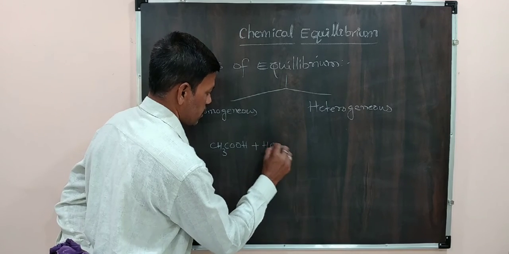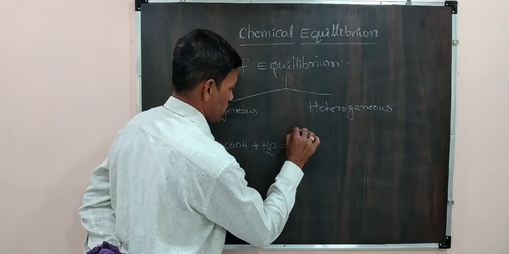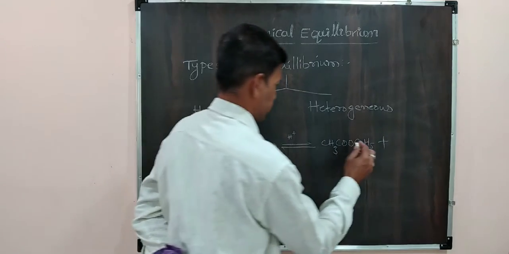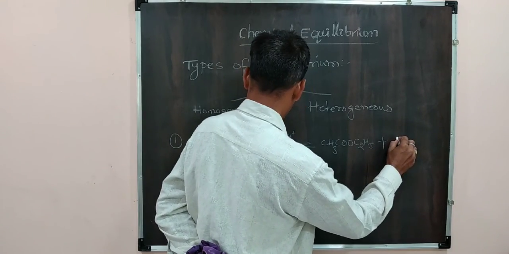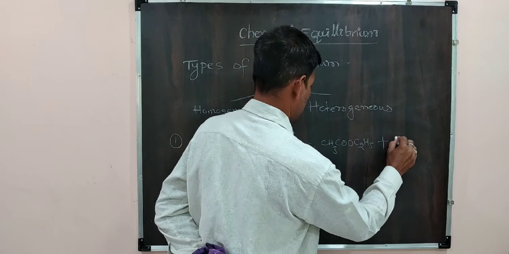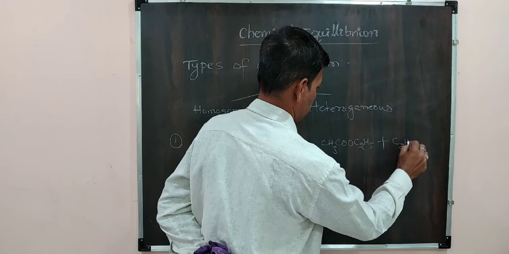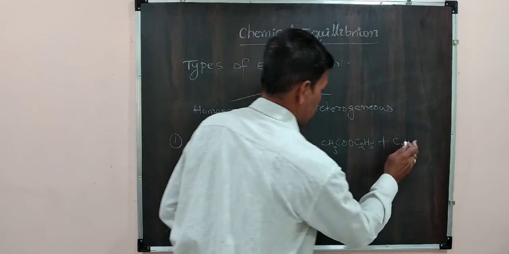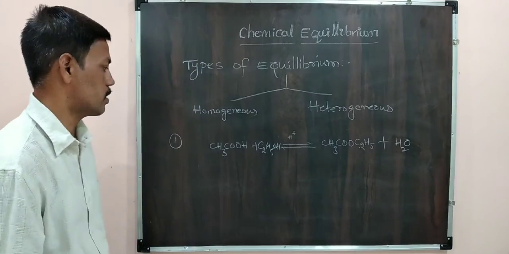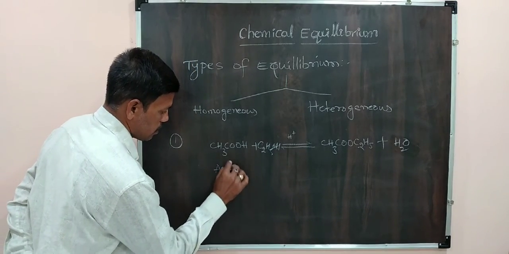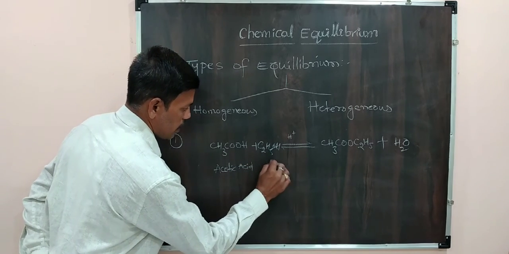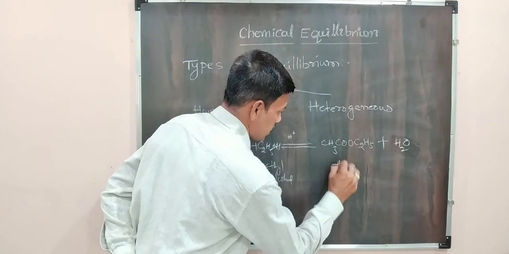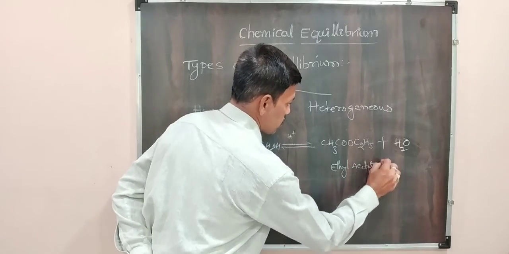This one is acetic acid, CH3COOH plus C2H5OH gives CH3COOC2H5 plus H2O. Here, this is acetic acid, this is ethyl alcohol, here ethyl acetate and water.